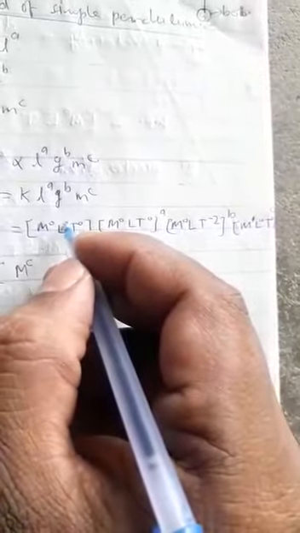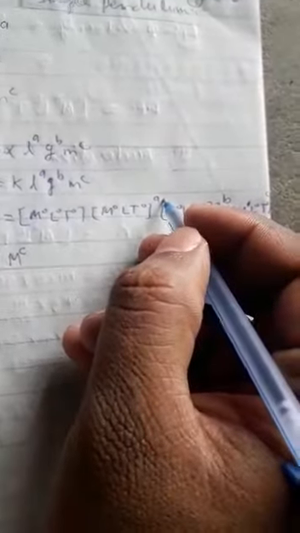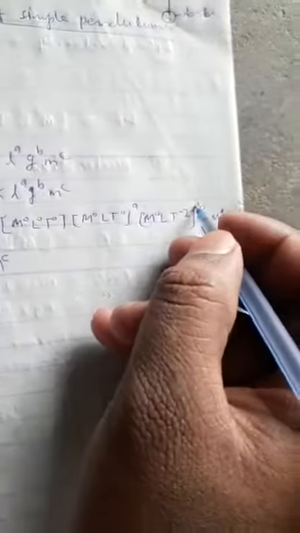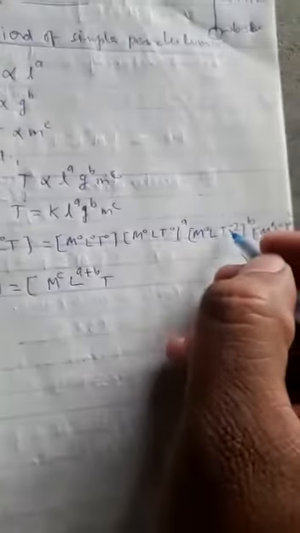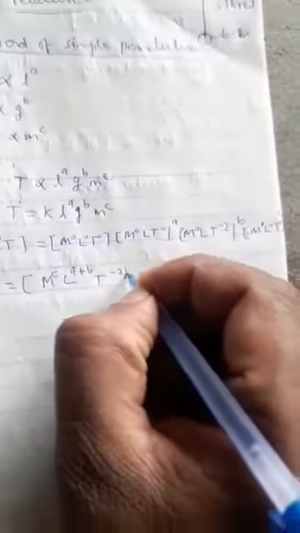For L, whose dimension is 0, here 1 into a we get a, 1 into b we get b, and here 0 into c. So L to the power a plus b. For time, 0, here also 0, here minus 2 into b we get minus 2b, and here 0, so minus 2b.